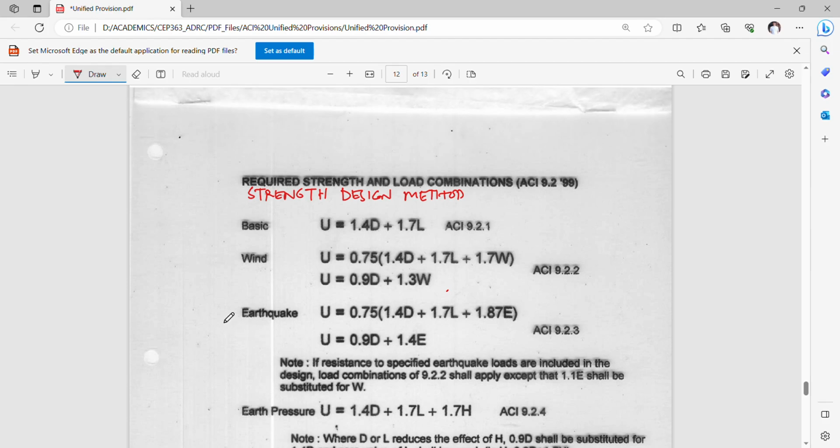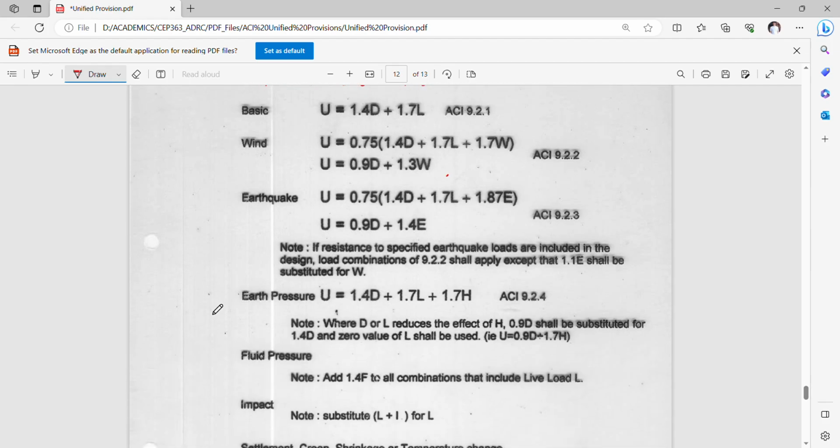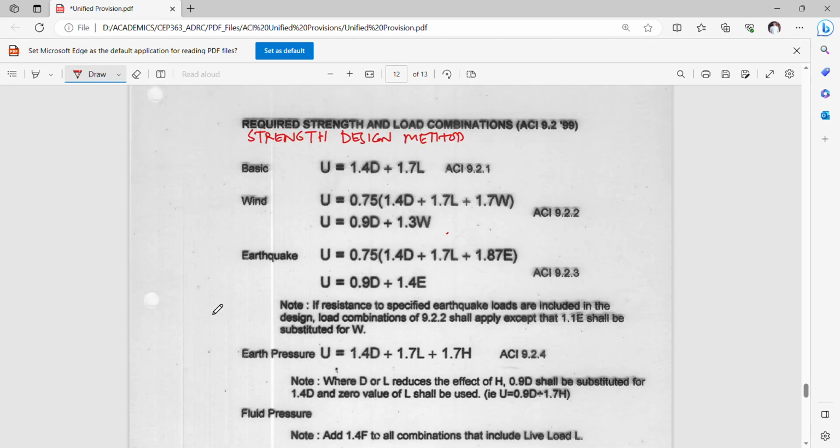and notice that here, as far as the wind and the earthquake are concerned, the decrease in allowable stress is introduced here. Okay, so that means gravity is equivalent to a 1.33 increase in allowable stresses.